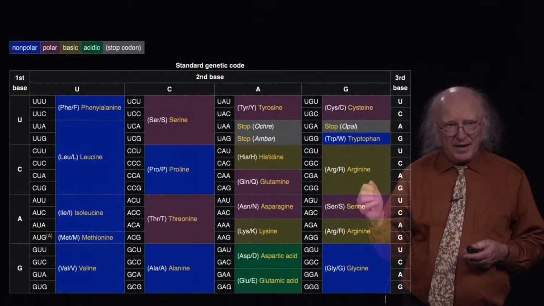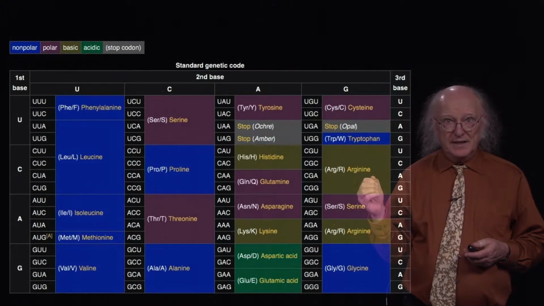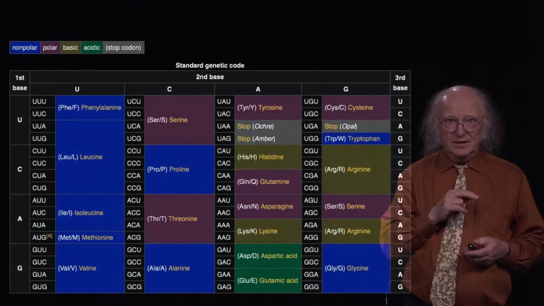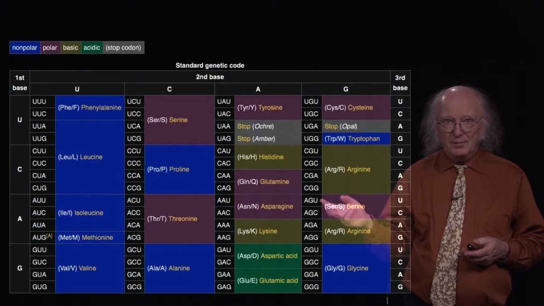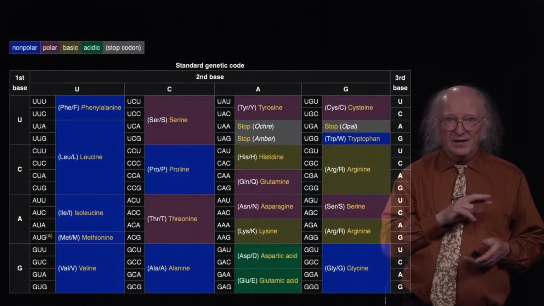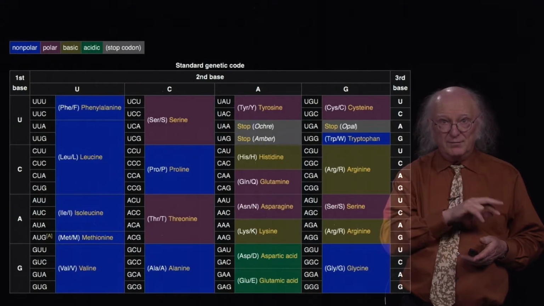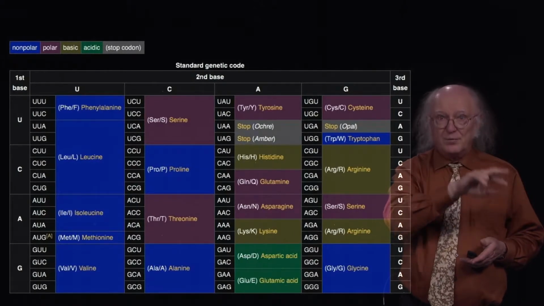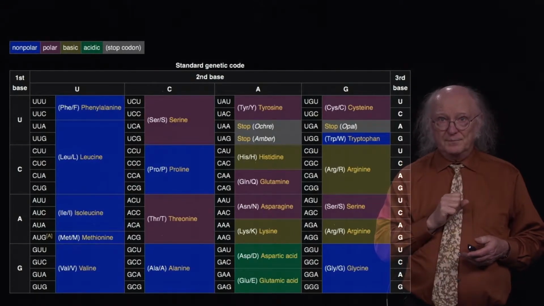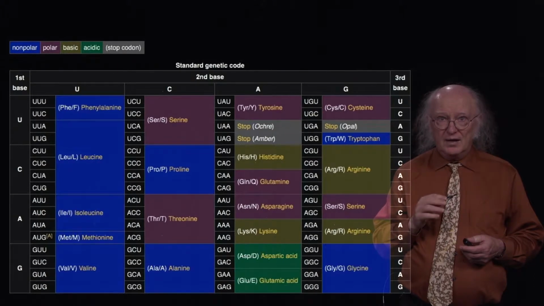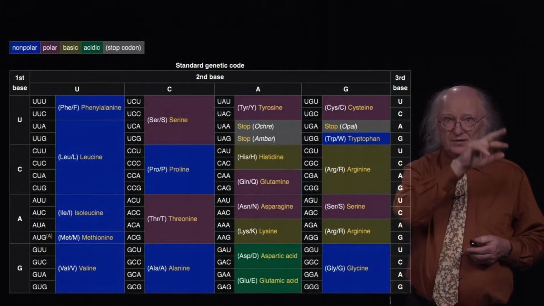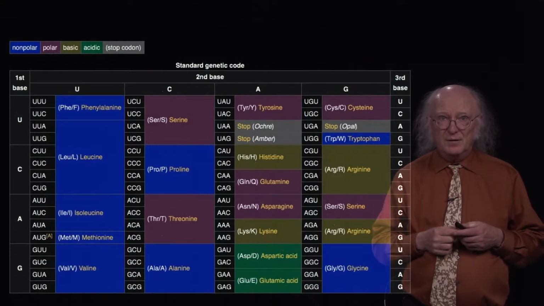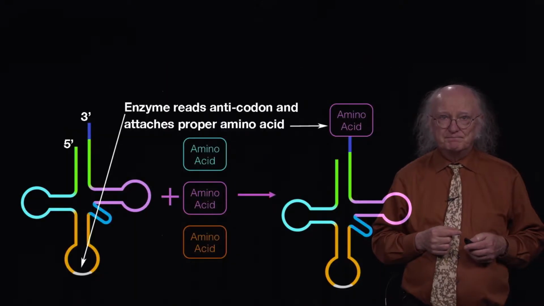The anti-parallel nature means that the wobble position of the anticodon is not going to be at the 3' end of the anticodon, it's going to be at the 5' end, because the 5' end of the anticodon forms base pairs with the 3' end of the codon. So the anticodon has the wobble base complementary to the 3' end of the codon, which puts it at the 5' end of the anticodon.